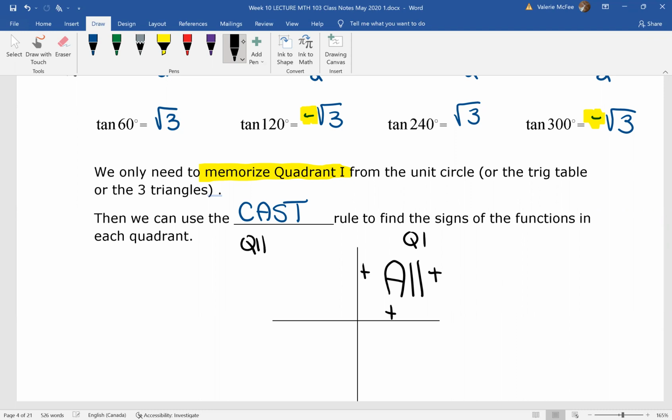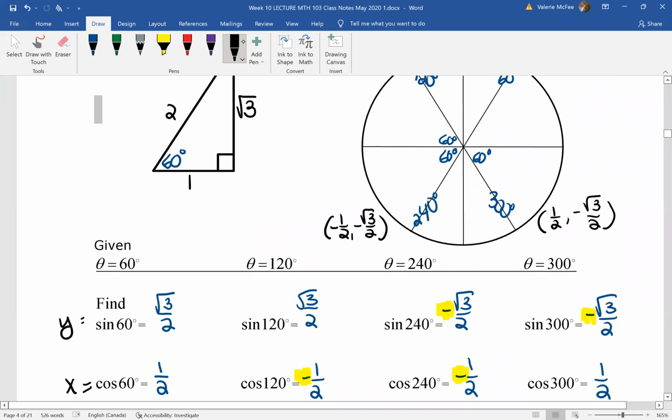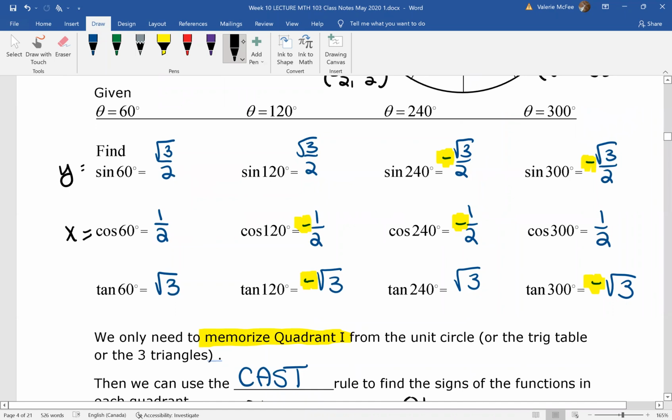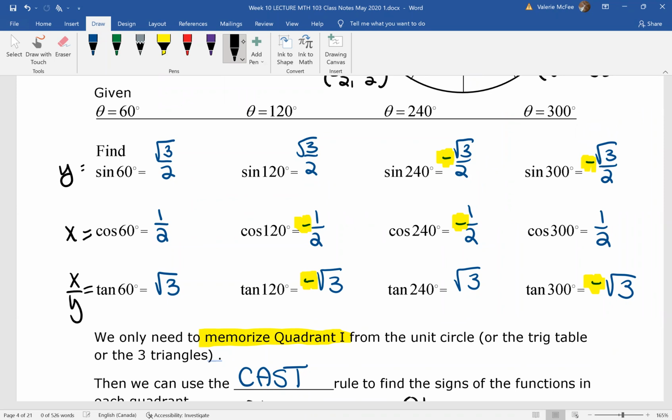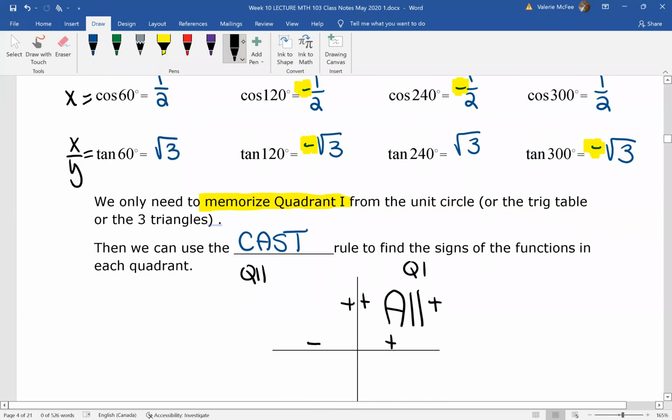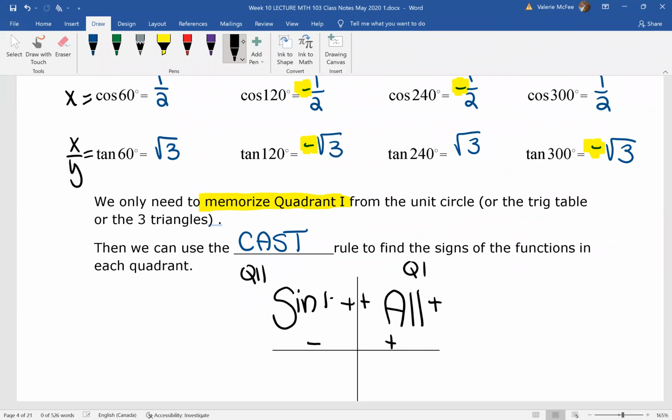In quadrant 2, where y is positive and x is negative, well, think about this. Sine has y, but cosine and tangent both contain x. If x is negative and y is positive, then sine is going to be positive in quadrant 2, sine and its reciprocal, cosecant.